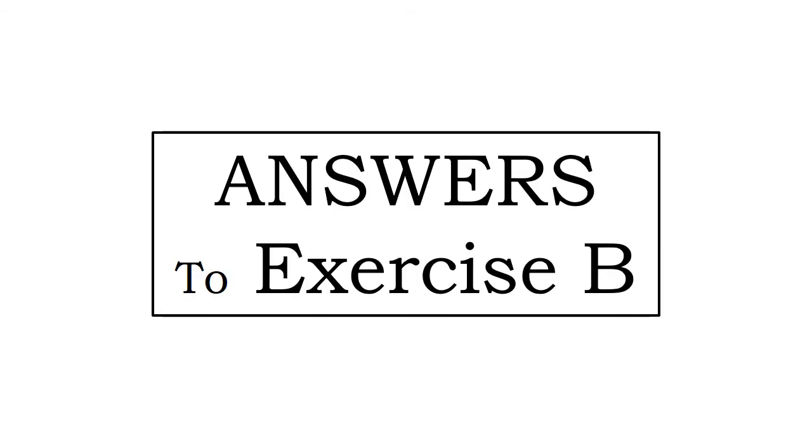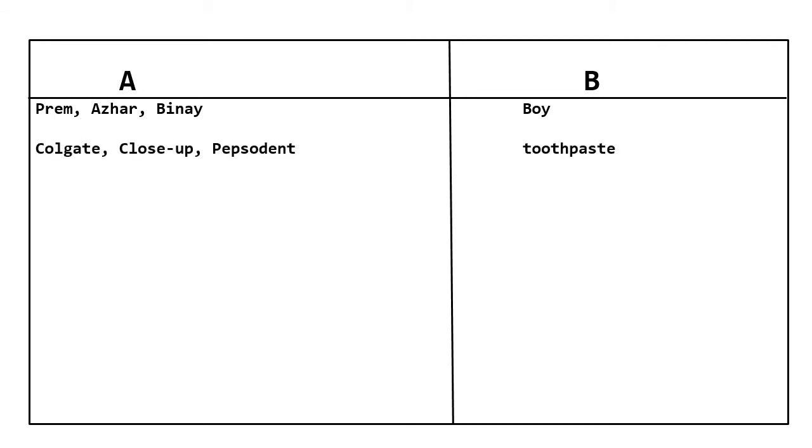Answers of exercise B. In column A, there is Prem, Azhar, Binay. They are all given in capital letters and they are the names of boys. So they are to be matched with the common noun boy. Colgate, Close Up, Pepsodent, they are toothpaste.